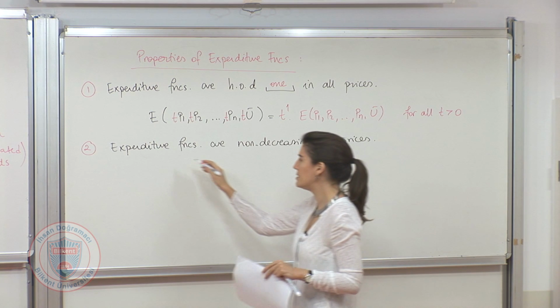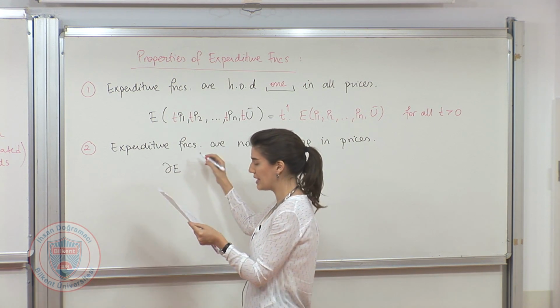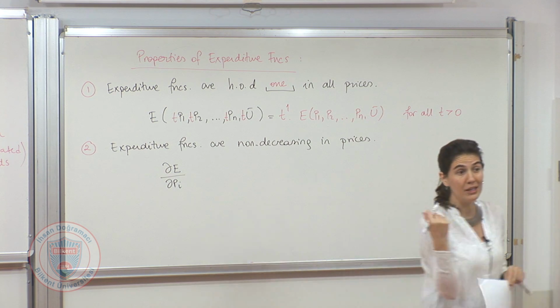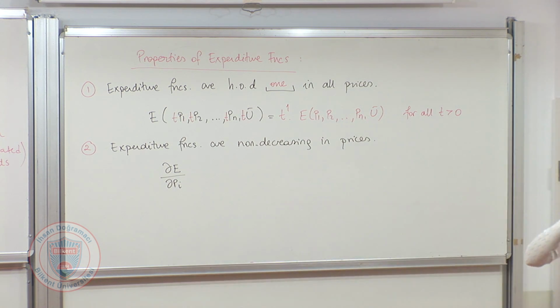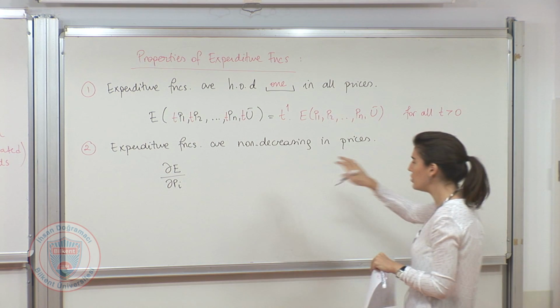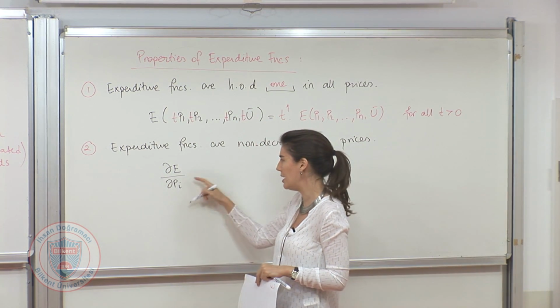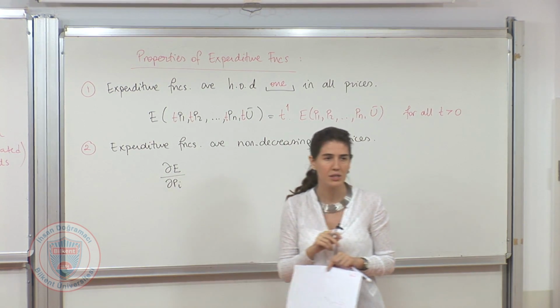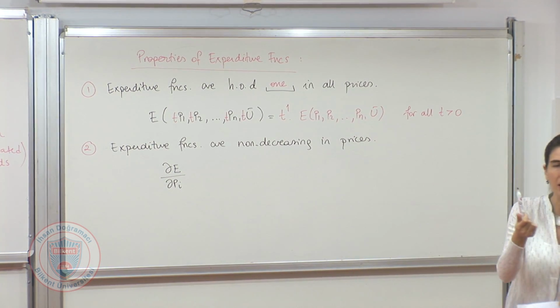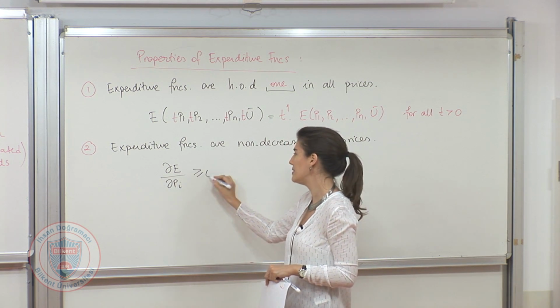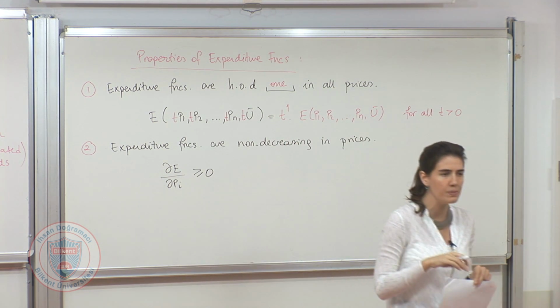It means that when I take the derivative of this expenditure function with respect to any price, it shouldn't be decreasing. It should be either increasing or it should stay the same. So when p_i increases, this derivative of expenditure is positive, okay?